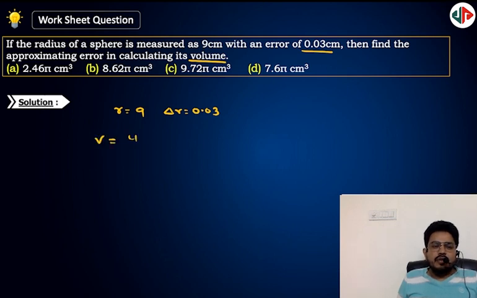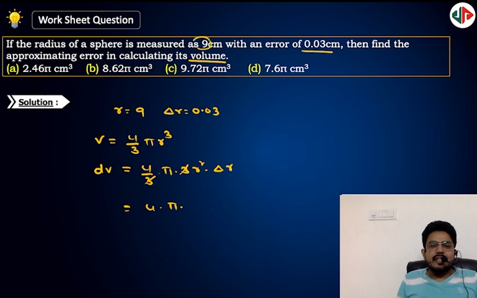V is equal to 4 by 3 pi r cube. So change in V, dV is equal to 4 by 3 pi into 3r square into change in r, 3 cancel. So 4 into pi into, r is 9 centimeters.